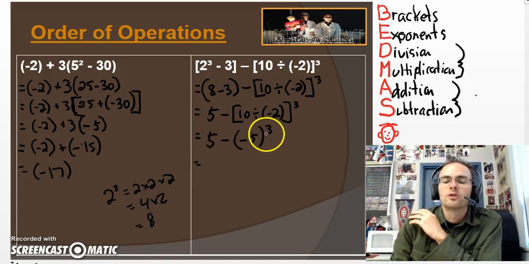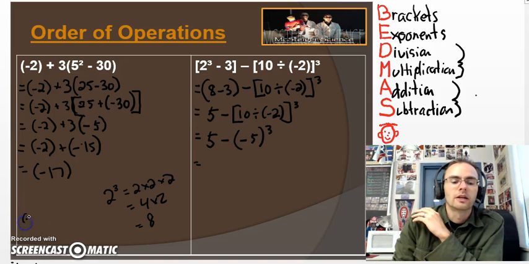Now, negative 5 to the power of 3, that's our next thing we have to do because exponents come before subtraction. Negative 5 to the power of 3 is the same thing as saying negative 5 times negative 5 times negative 5.